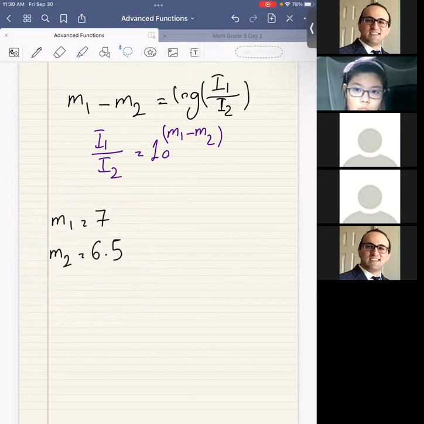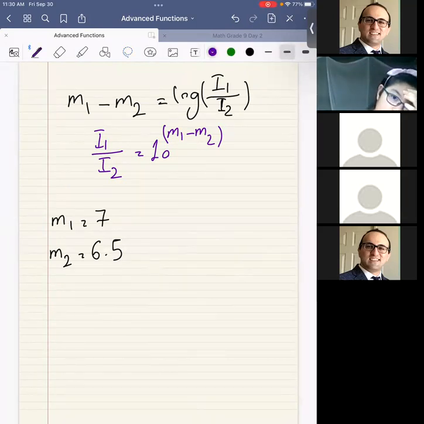So if the magnitudes of two earthquakes are 7 and 6.5 Richter, what are the differences between the intensities?